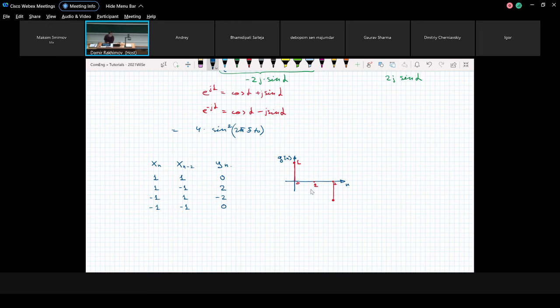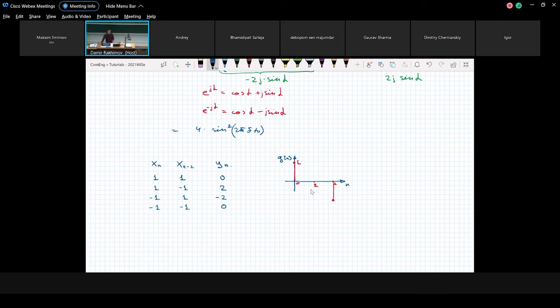Okay. And then if we get such possible outcomes for the resulting sequence y of n, what will be the probabilities for the resulting symbol? As I see, we can have 3 possible outcomes. We get 0, we get 2, and minus 2.